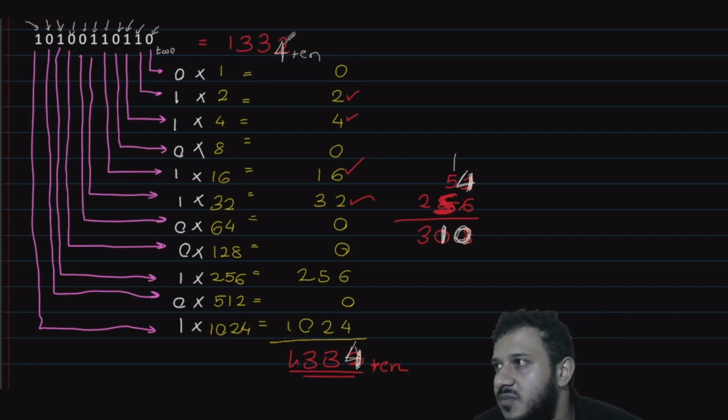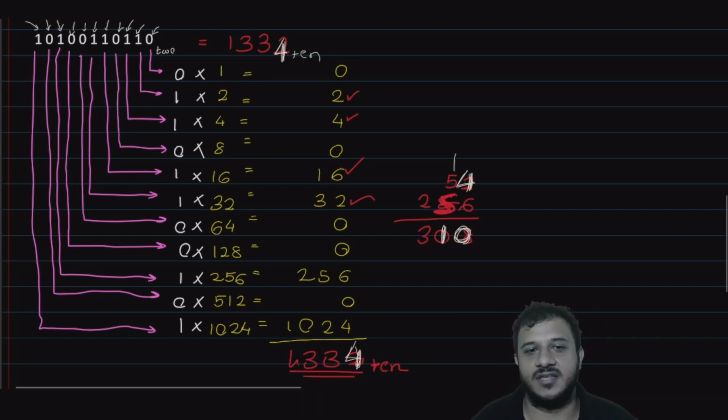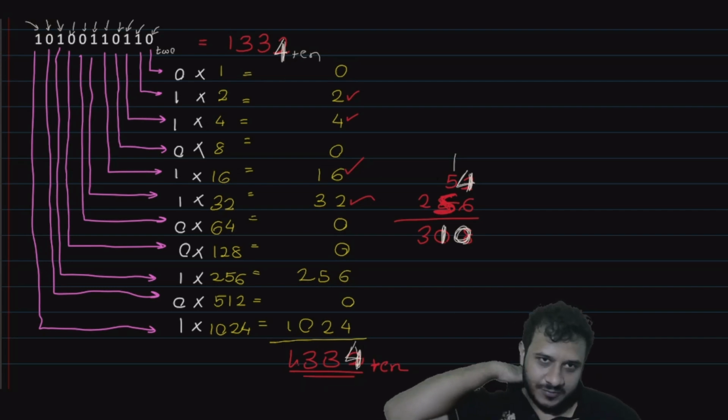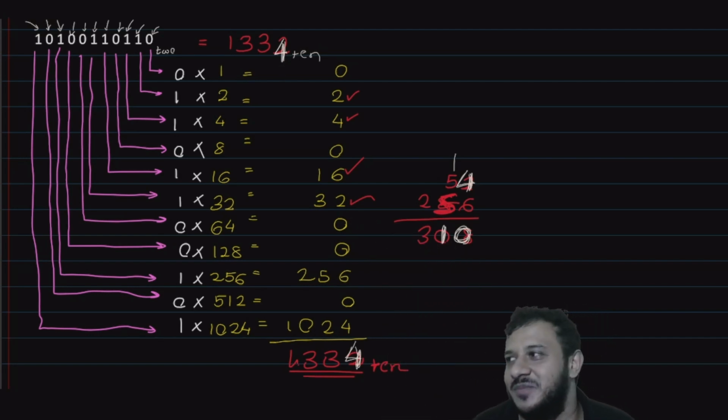Sorry, I did a small mistake with my additions. 1334. My mistake. Thank you, Pata. I missed the 2. 22 plus 32, I wrote as 52 by mistake.